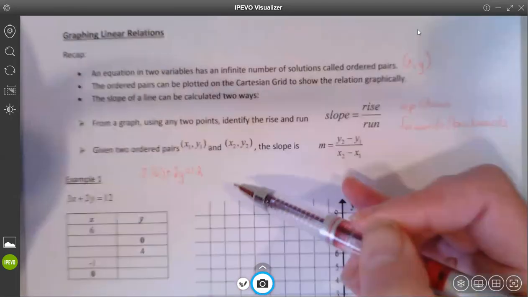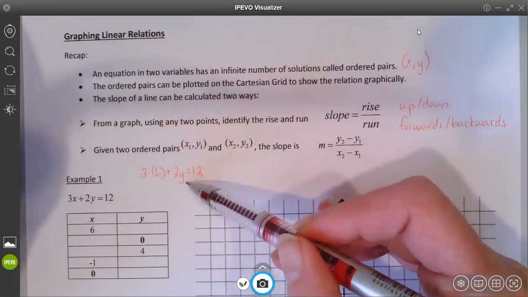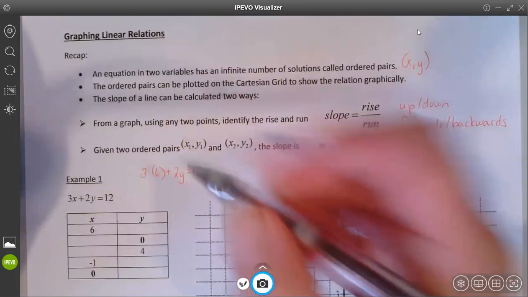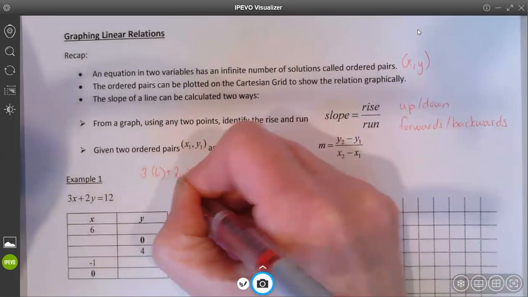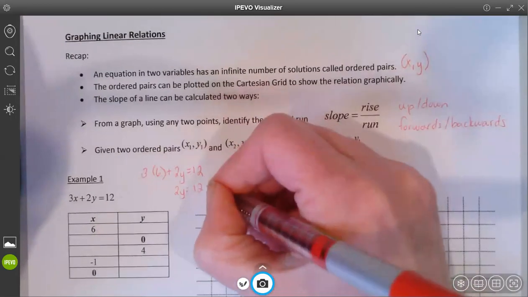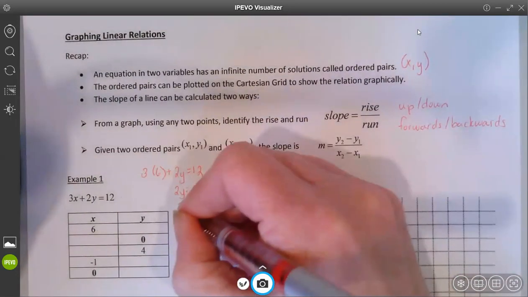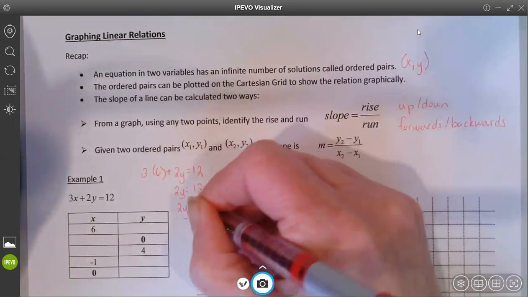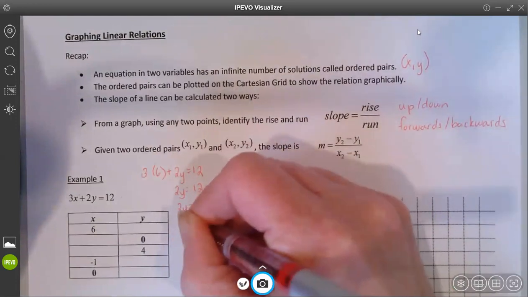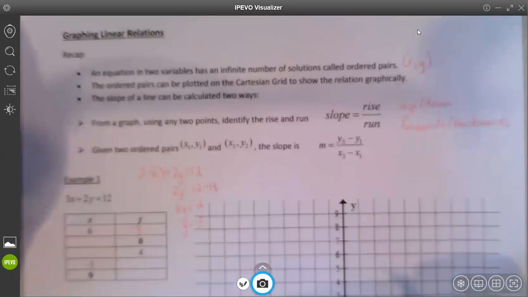And then we have an equation with one variable, and we proceed to isolate for y. So 3 times 6 is 18, and it transposes to the other side, and it becomes subtract 18. So we have 2y equals negative 6. So y equals negative 3. So you should have negative 3.